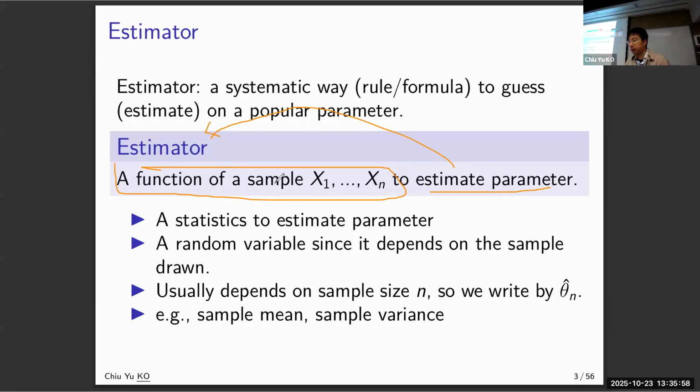And do remember that these are all random numbers, random variables. So an estimator is a random variable. And when they're random variables, then they have a mean, a variance, a distribution. So we want to know what these are and whether they have good properties, right? Because we want to guess things, right?